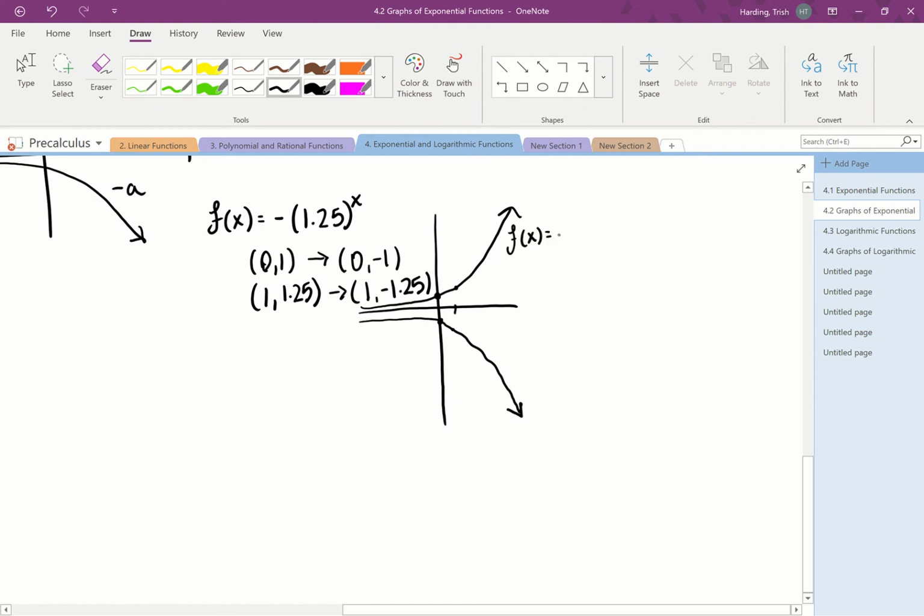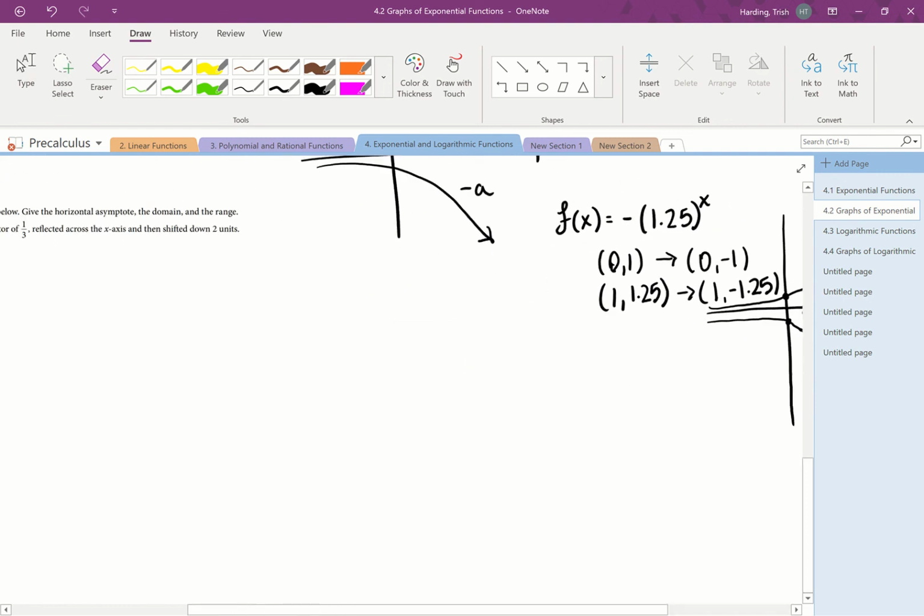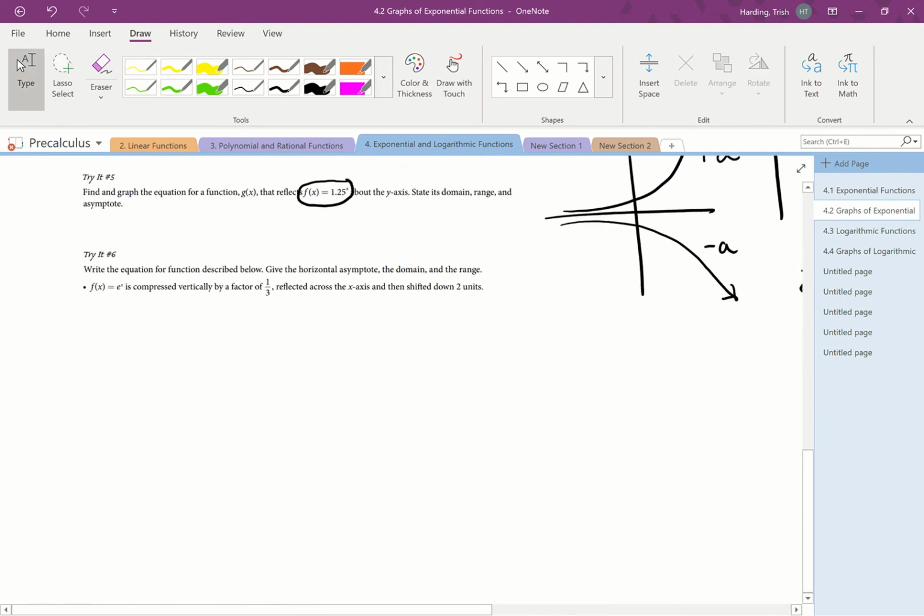This is f of x equals 1.25^x, and they wanted us to call this one g of x. And when you put the negative, I suggest you put it in parentheses, or else it will look like your b is negative, which will make it not an exponential function. Oh, and of course for above you would state your domain and the range.